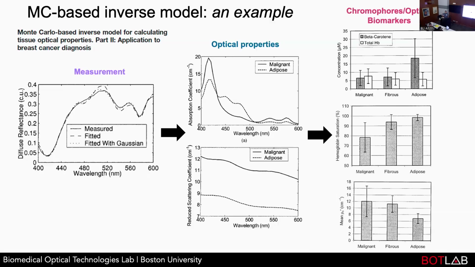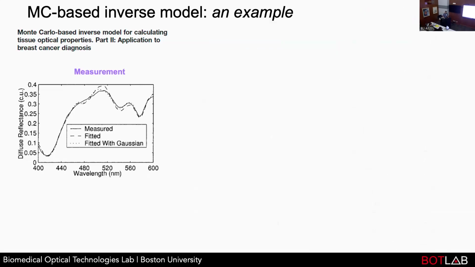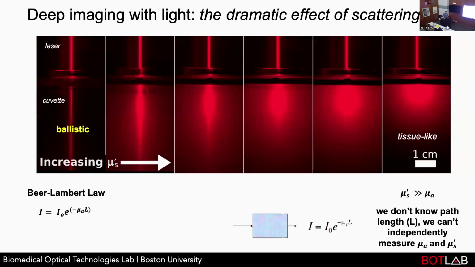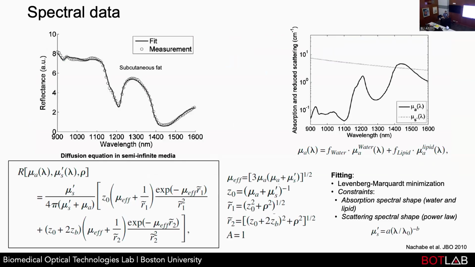Darren, I want to ask a question going to Dick Sternberg's work. If you can pull up that slide. I noticed that in that paper, they recovered mu sub A from, I guess, a spectral consideration of the reflectance.